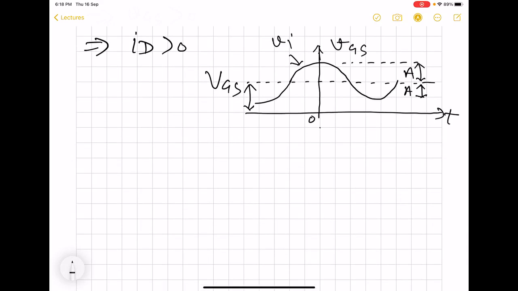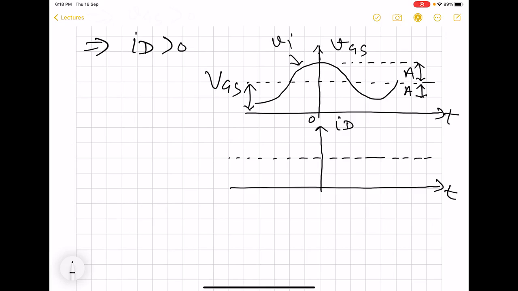So this now is going to give rise to drain current, which will also have time varying and DC part. So this is the total drain current, and there will be certain DC drain current, and on this we will have our time varying drain current.